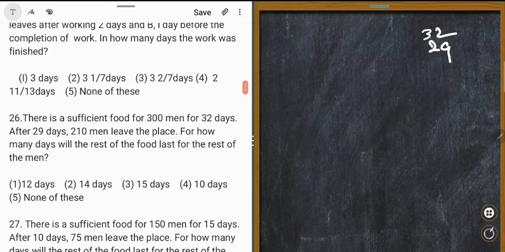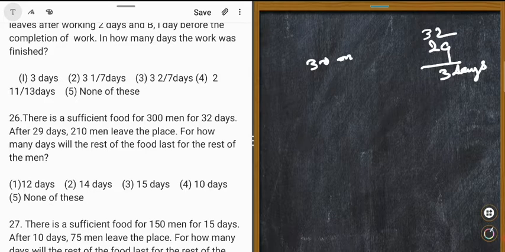How many people? 300 men. And the remainder is how many? 3 days. Could you understand? After 29 days of consumption, there was food for 300 men for 3 days.